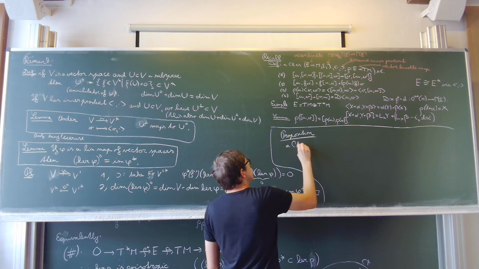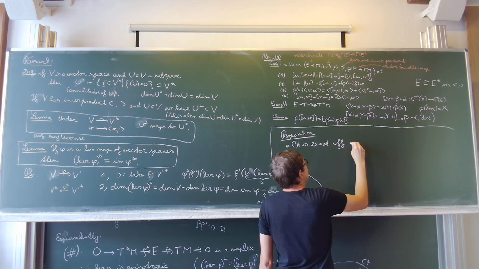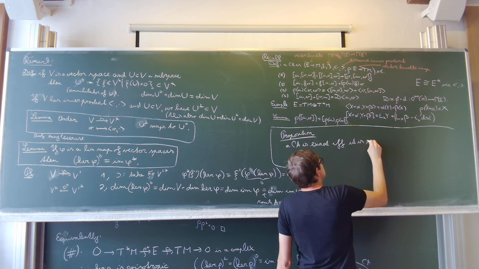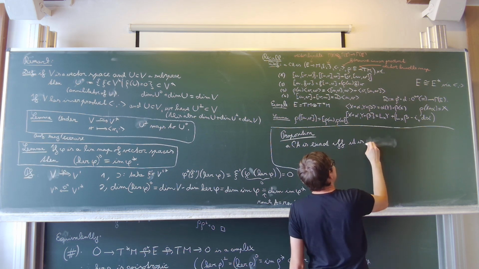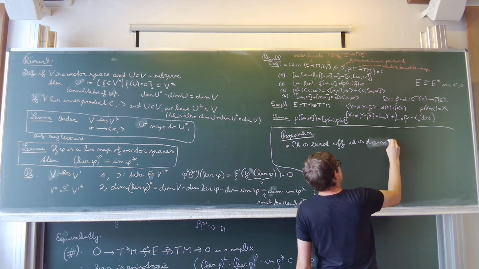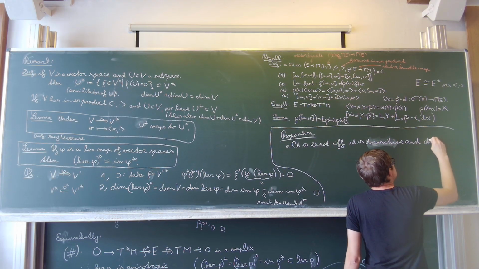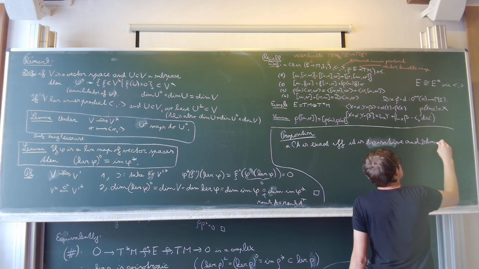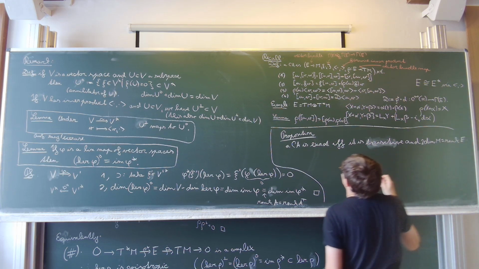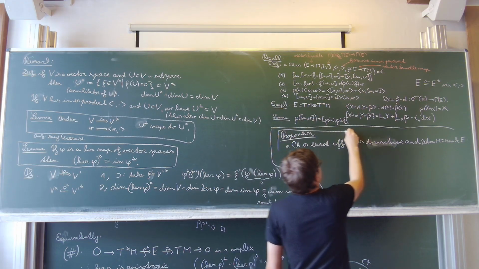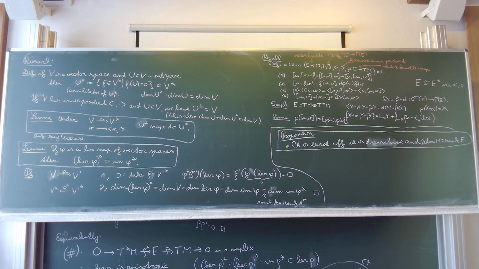A Courant algebroid is exact if and only if it is transitive and some simple dimensionality holds. So dimension of 2 times dimension of M is precisely the rank. So you can think about that while I erase the board.